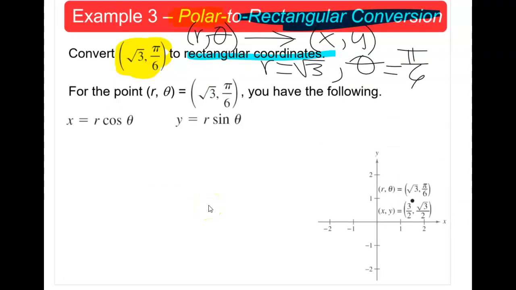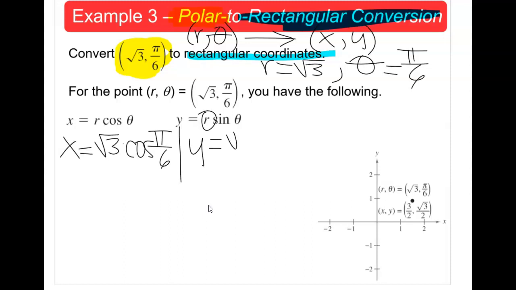We have that x is going to be equal to the square root of 3, that's the substitution for r, times the cosine of the angle, which is pi over 6. Then to find y, we're going to substitute r with the square root of 3.